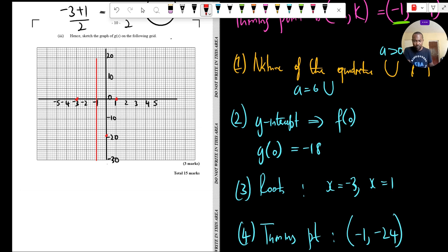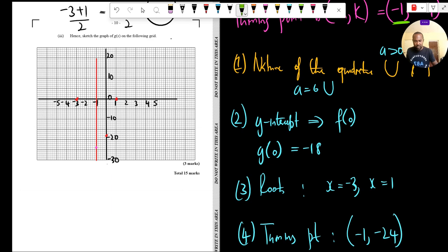My turning point is (-1, -24), so it's going to be down here. This is -20, so -24 would be right here. Now I can go ahead and sketch my quadratic.